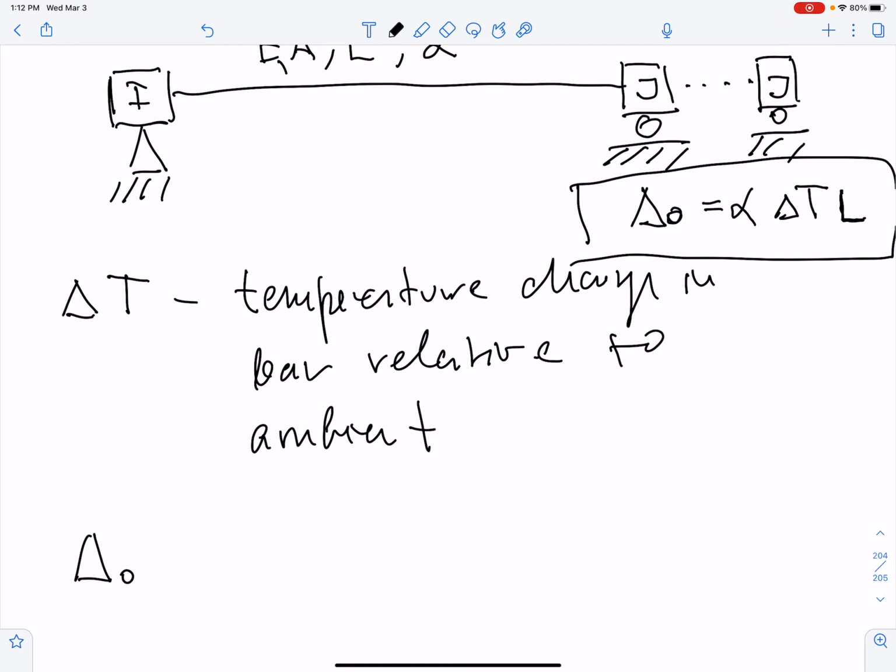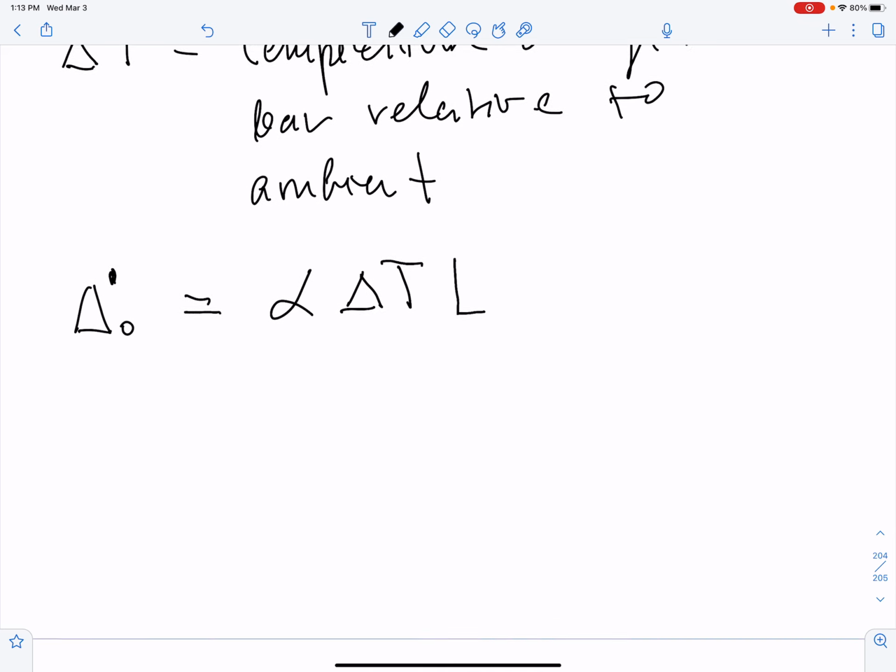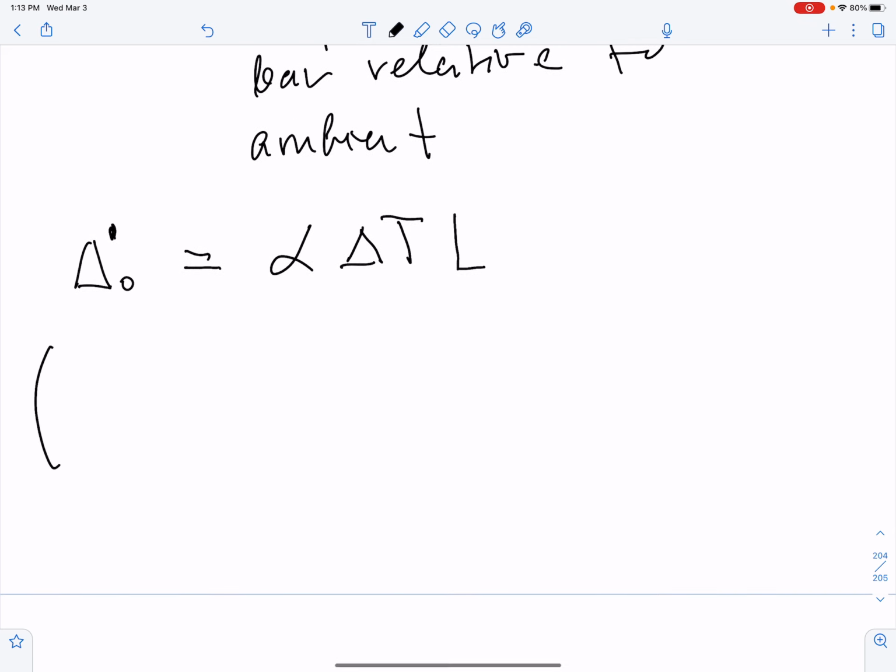Let's put a prime here as well, because it's a local coordinate system, right? Delta prime 0, okay? And the model that we have is alpha, delta T, and L. Okay. Another way to think about it, we can divide by L. You get delta prime 0 over L equals alpha delta T.